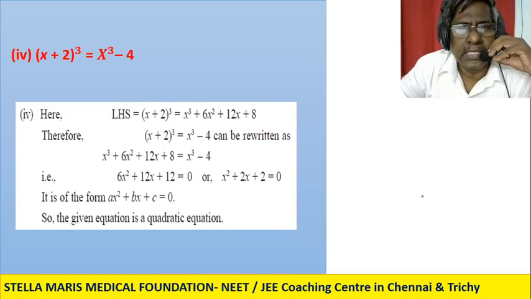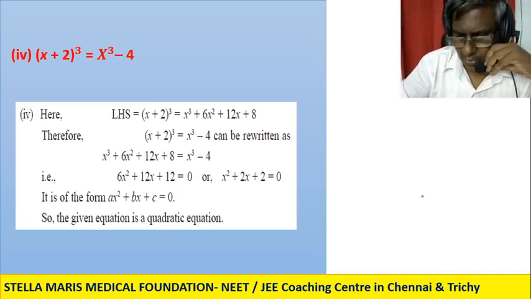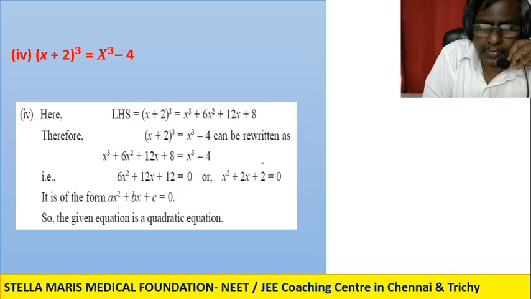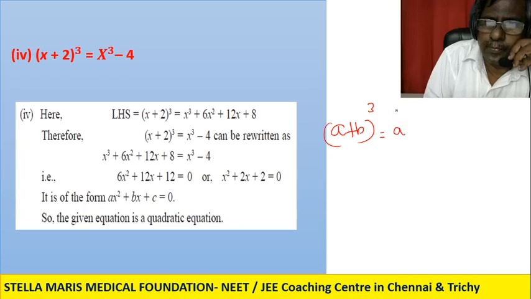See now, x plus 2 whole cube is equal to what? It is a cube plus 3a square b plus 3ab square plus b cube. So a plus b whole cube will be like this.